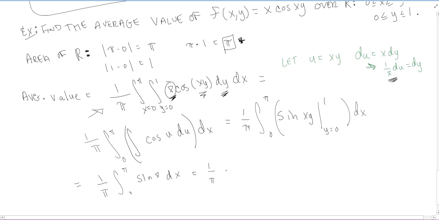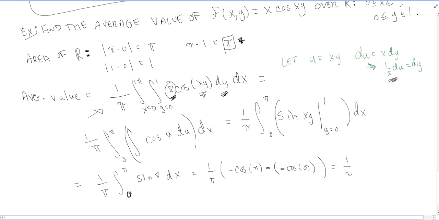So 1 over pi, integral of sine is negative cosine, so that's negative cosine of x, evaluated from 0 to pi. So upper limit minus plugging in the lower limit, and make sure I keep track of my minus sign here because there was already a negative on the cosine.